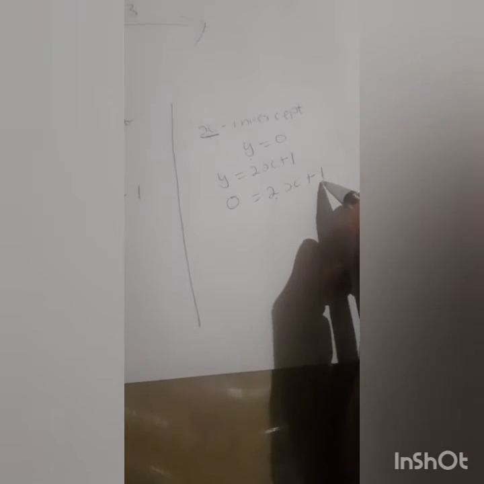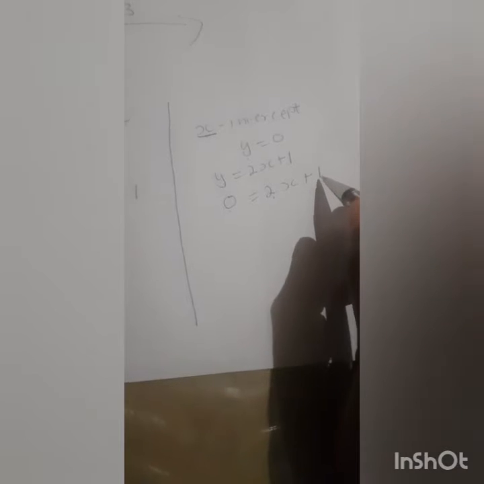So now 2x plus 1 cannot add because they are not like terms. But on the other hand, 0 can add or subtract with 1. So I'm going to take this 1 to the other side of 0.